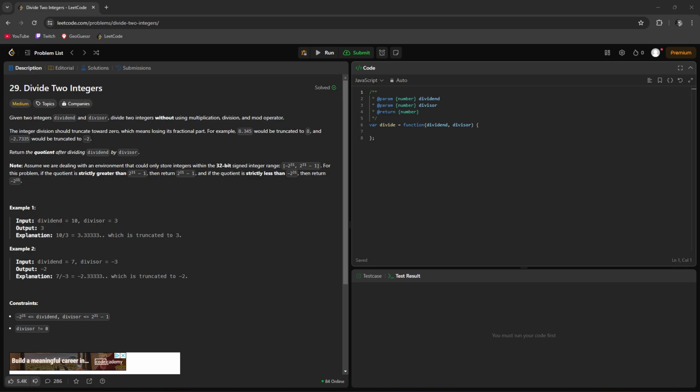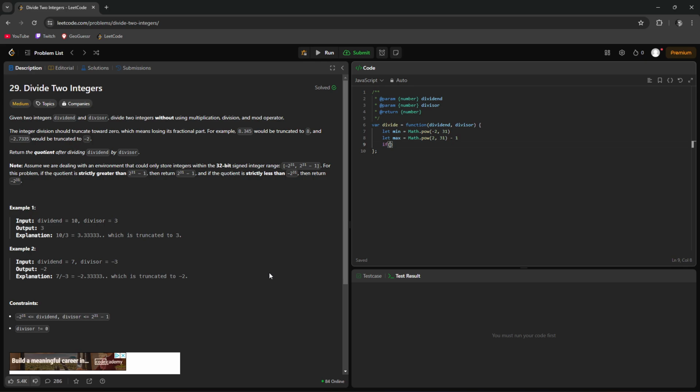And we're in a 32-bit integer range, which is usually key in these. So we'll have a min equal to negative 2 to the 31 and a max equal to 2 to the 31 minus 1.